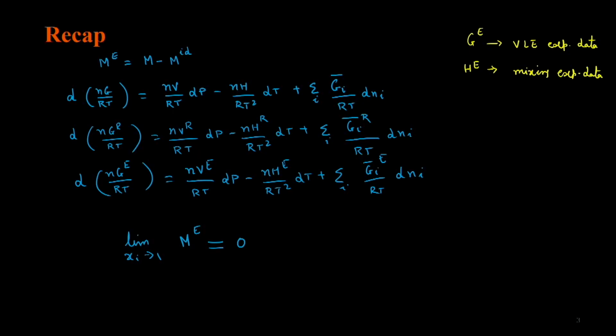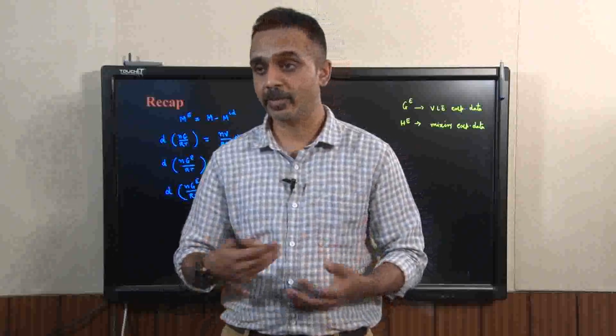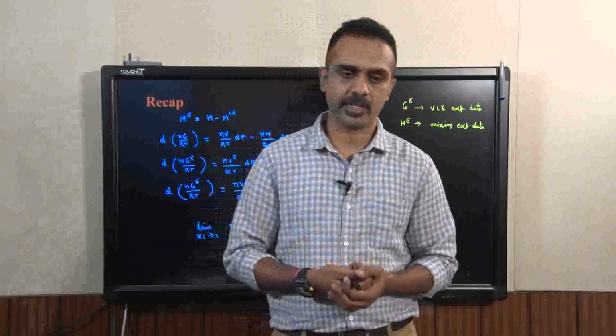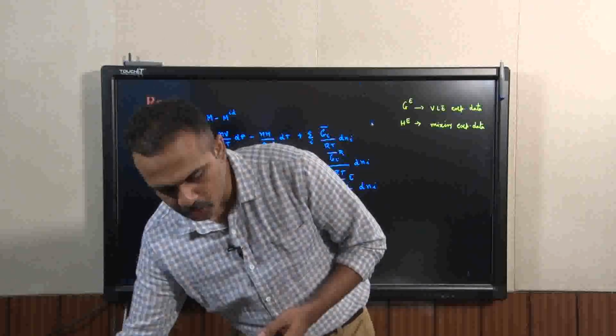If that be the case, to be able to understand the behavior of systems which are not ideal, we want to quantify the excess quantity or excess Gibbs free energy, so we need to understand the vapor-liquid equilibrium behavior of substances or a mixture of substances. So to be able to do that, let's quickly recall what we discussed about vapor-liquid equilibrium.